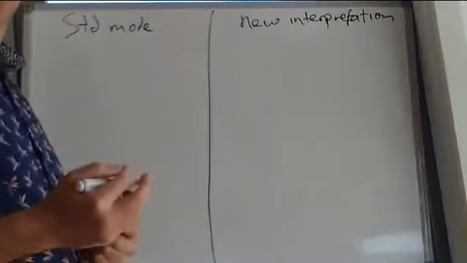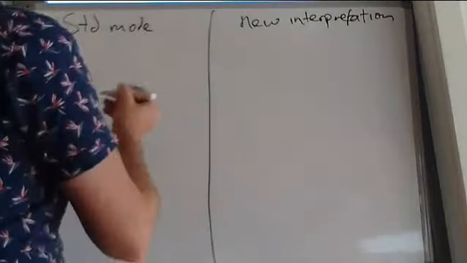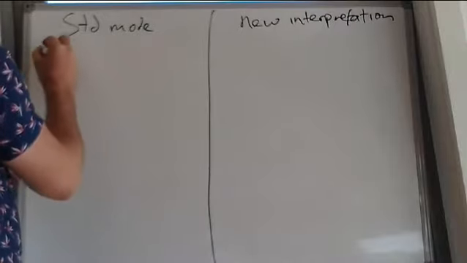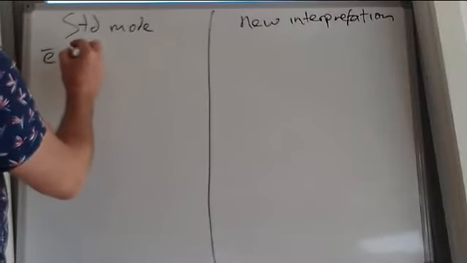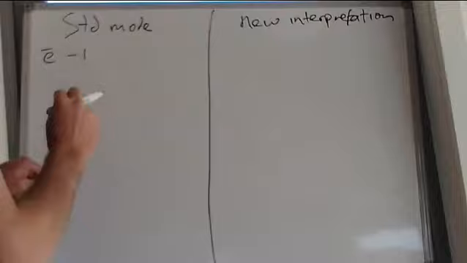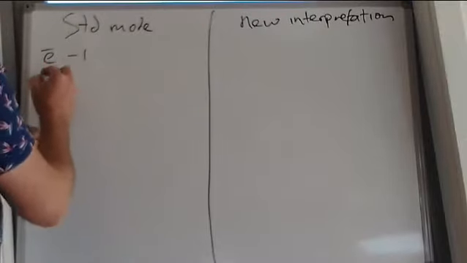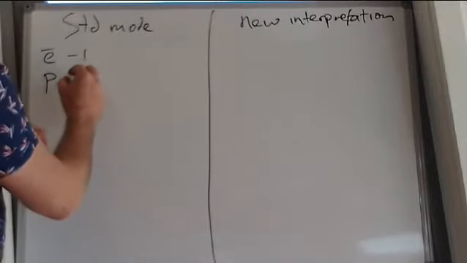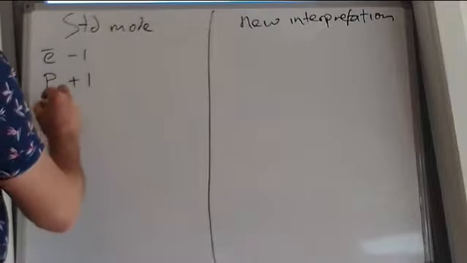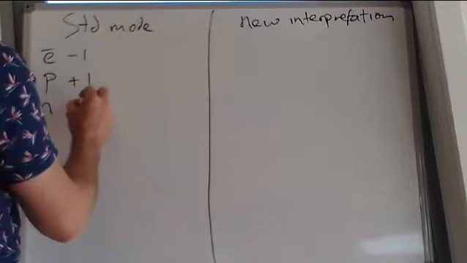Okay, so standard model, the electron, -1 charge, a proton, +1, a neutron, 0. Okay.